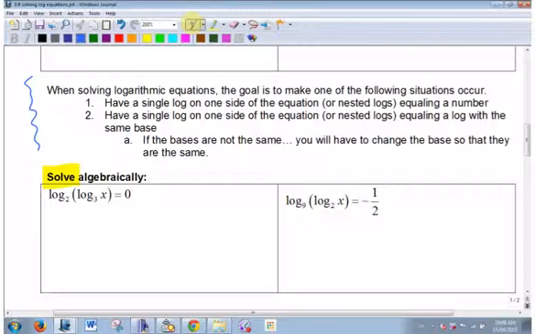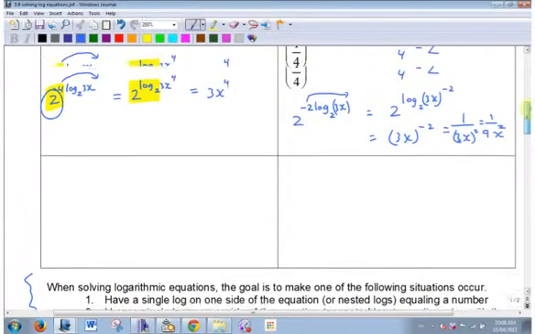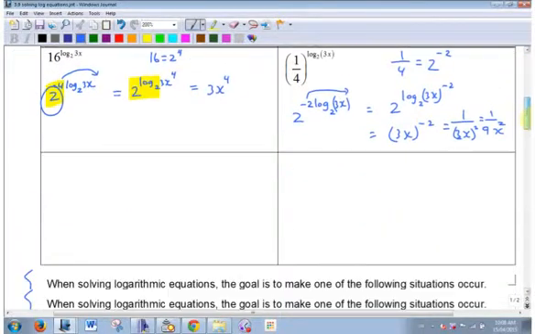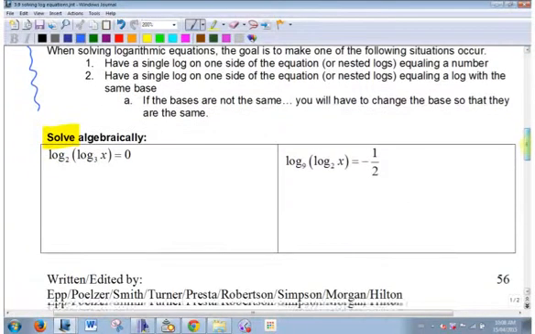Well, what can I do? Can I make that look like this? That's log base 2. Could I just do that?